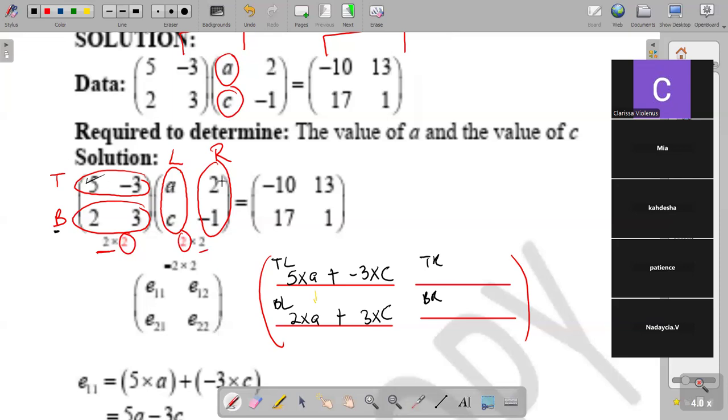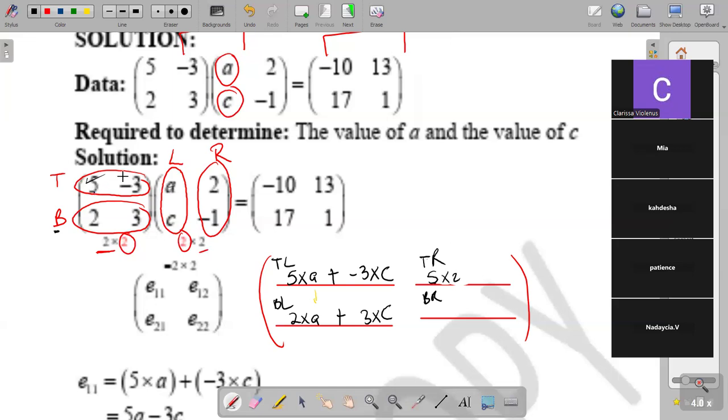Now let's do top right. So top right. Top right. Let's go. 2A plus 2 times A. That's not correct. You see why I asked you to do the combinations? Top right. Excellent. 5 times 2. Remember, it's the first two.